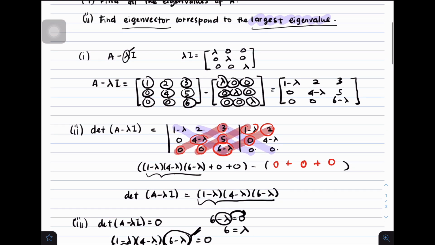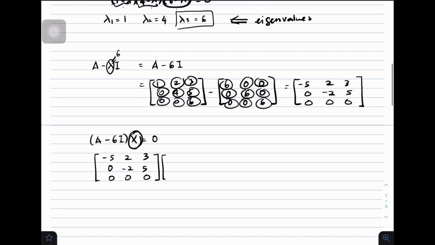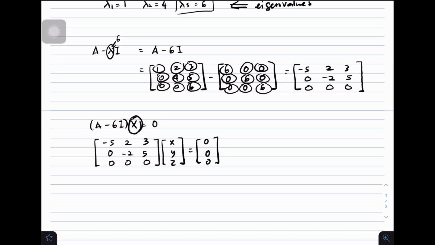Before this, we used our unknowns X, Y, Z. So just put it as X, Y, Z equal to 0, 0, 0. That means now we need to solve our system of linear equations. Here is our system, and we need to find the value of X, Y, and Z. So we use the knowledge that we learned before.